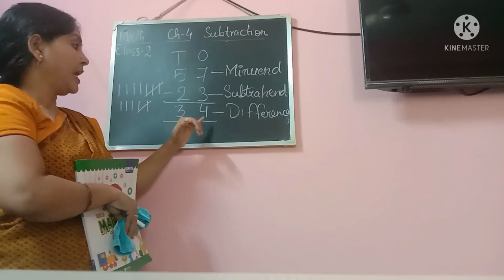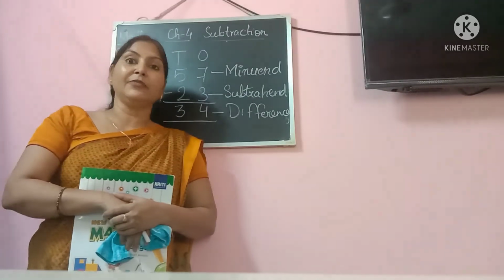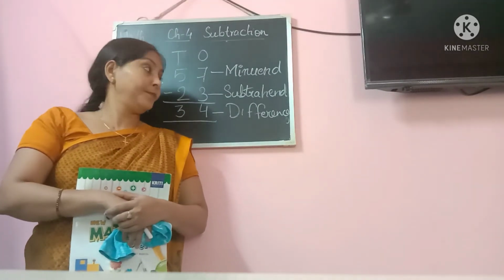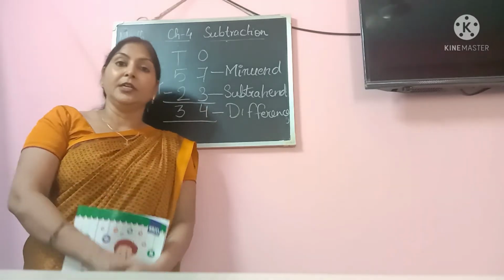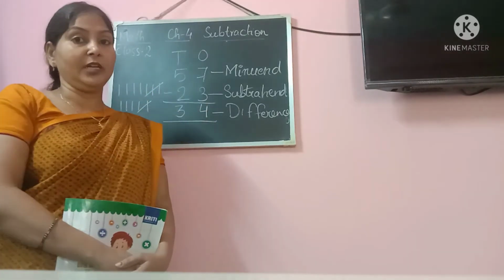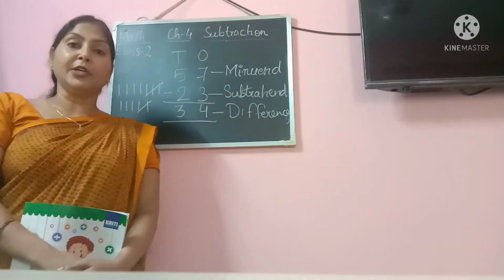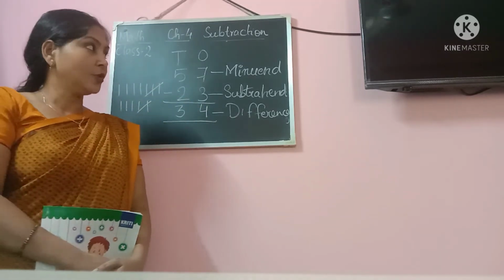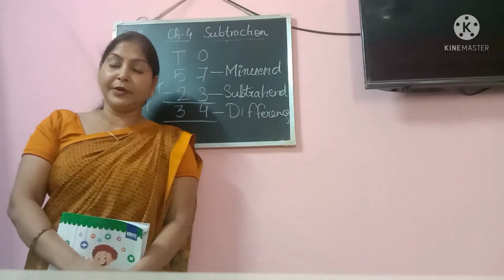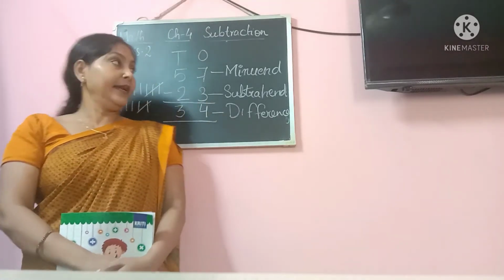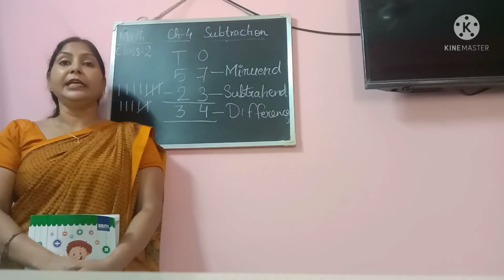And after subtracting, the result which we get is called difference. This is just an introduction class, and in the next class I will deal with the further topics of this chapter. I hope you have understood the vocabulary of subtraction and the different terms in subtraction.